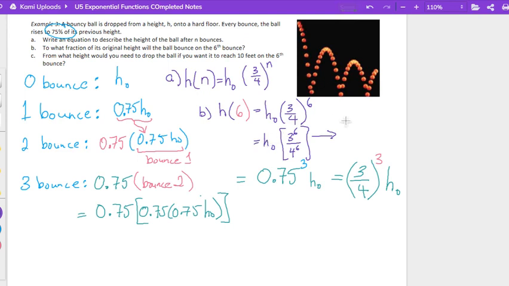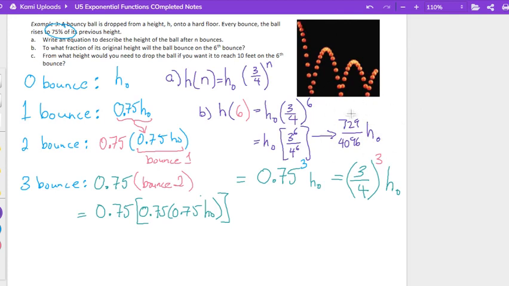So I'll punch that in my calculator. 3 to the power of 6 is 729. 4 to the power of 6 is 4,096, times h naught. I have no idea what that means. I might have to pop that into my calculator to get a sense that it's 0.178, right?